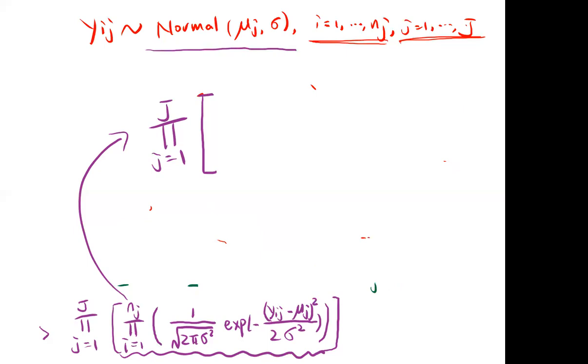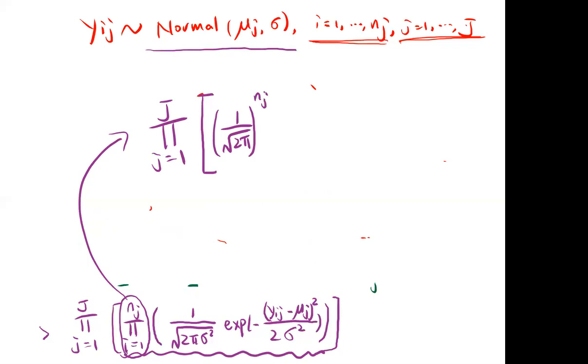All right, so what's in here? This product sign governs whatever goes in here, so you have to make sure that term by term you have the product right. It's 1 over, and typically I wouldn't keep track of this part, but for now, this should be raised to the power of nj, because there are nj of them.